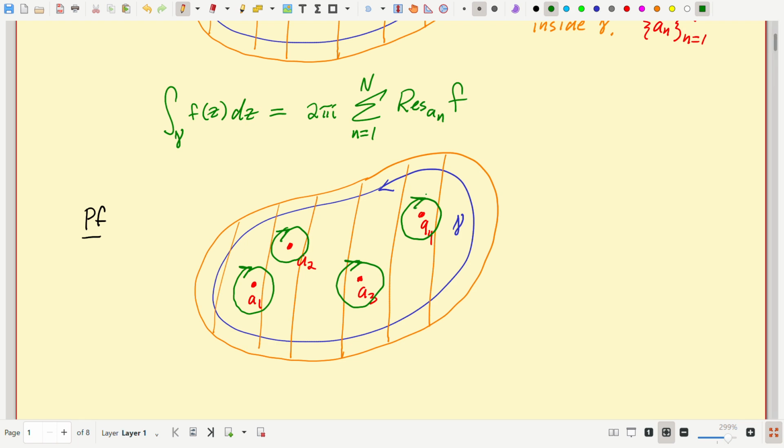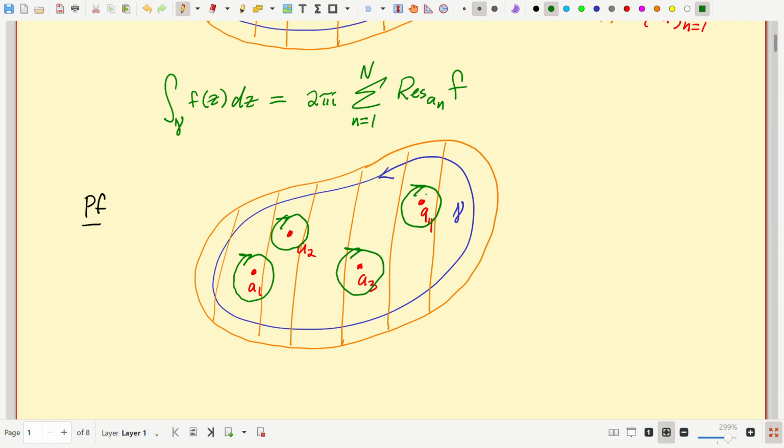And then the observation is that I can split this into 2 curves. I'm going to take cuts here. On the top half, I'm going to go to the right. On the bottom half, I'm going to go left. And if I connect these disks like this, then I get a top half that's going counterclockwise, and a bottom half that's also going counterclockwise.